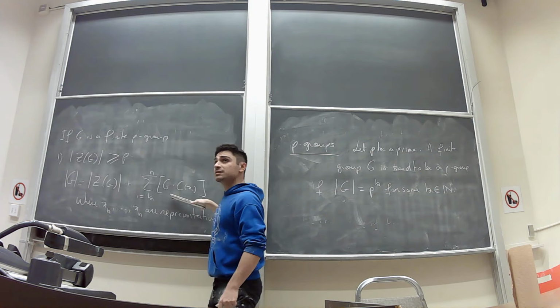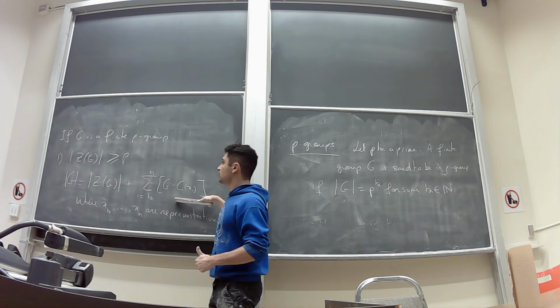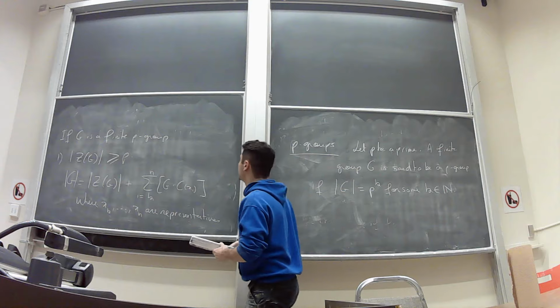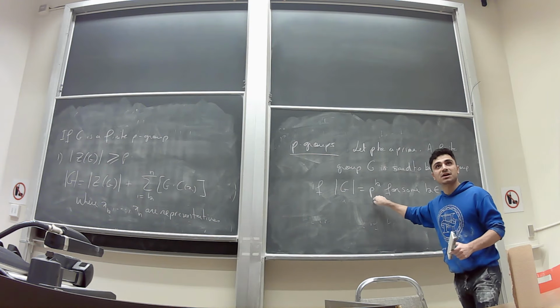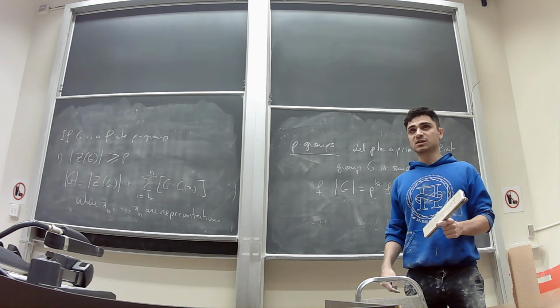So these conjugacy classes, this is the size of the conjugacy class, right? And you know that the size of a conjugacy class must divide the order of G, which is p to the k. So it must be a power of p, since p is prime.